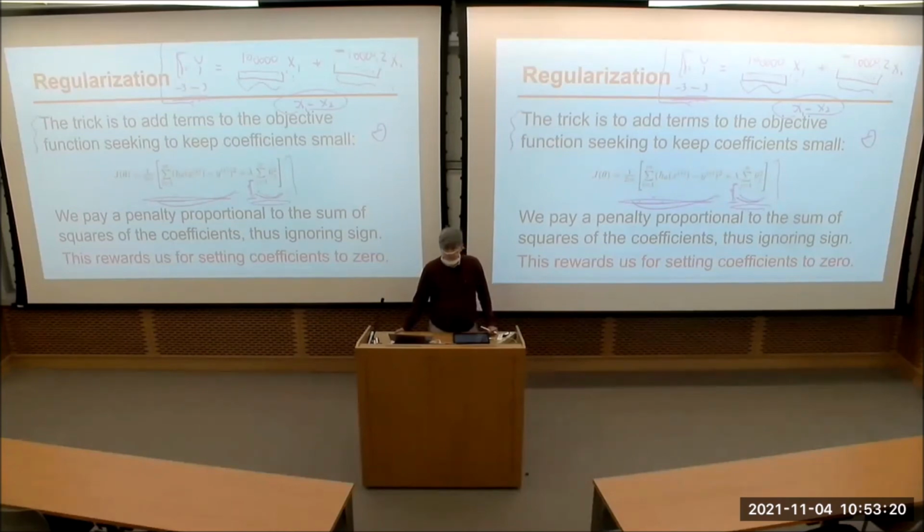Ideally, you will find that for a modest value of lambda, you will get almost as much sum of squares accuracy while having much smaller coefficients than if you didn't regularize. Any questions?